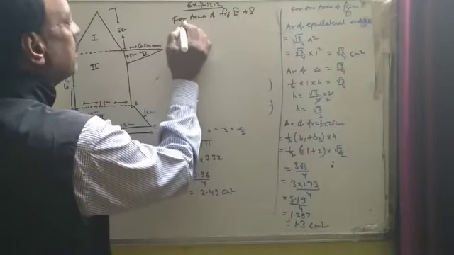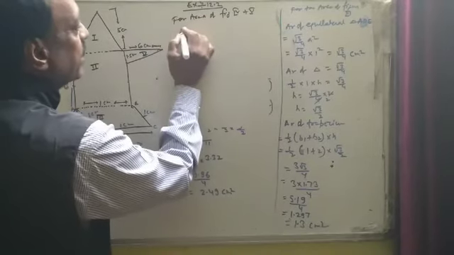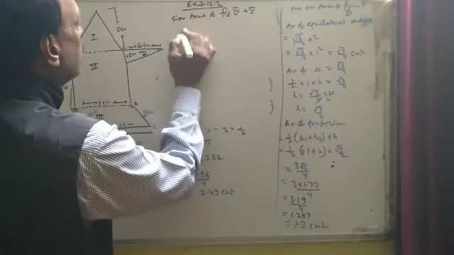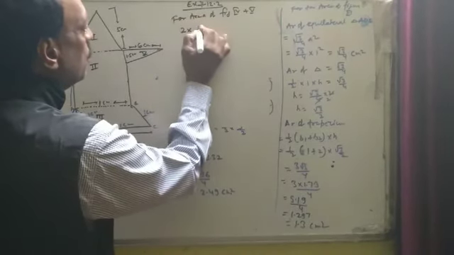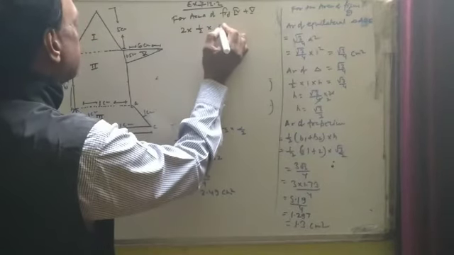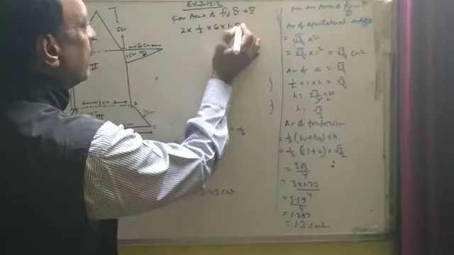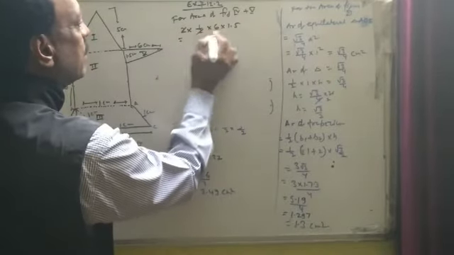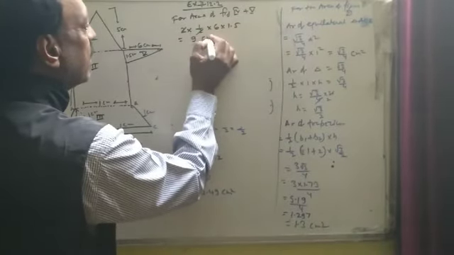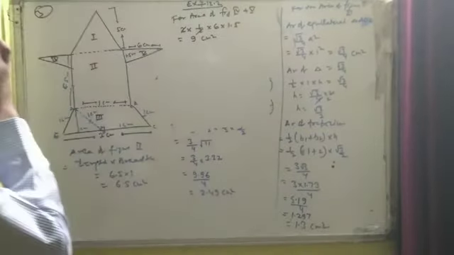These are triangles, and the height and base of both are given. As there are two triangles, 2 into 1 by 2, base is 6 and height is 1.5. So the 2 and 2 cancel out and it will give us 9 centimeter square.